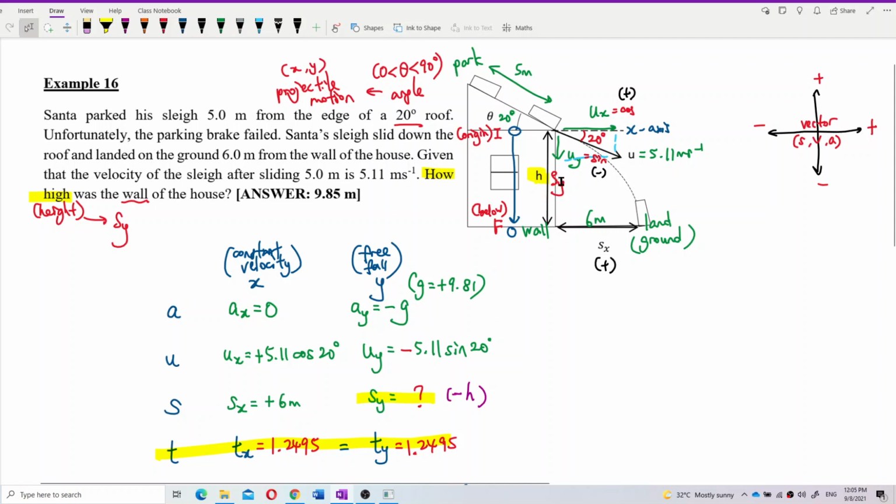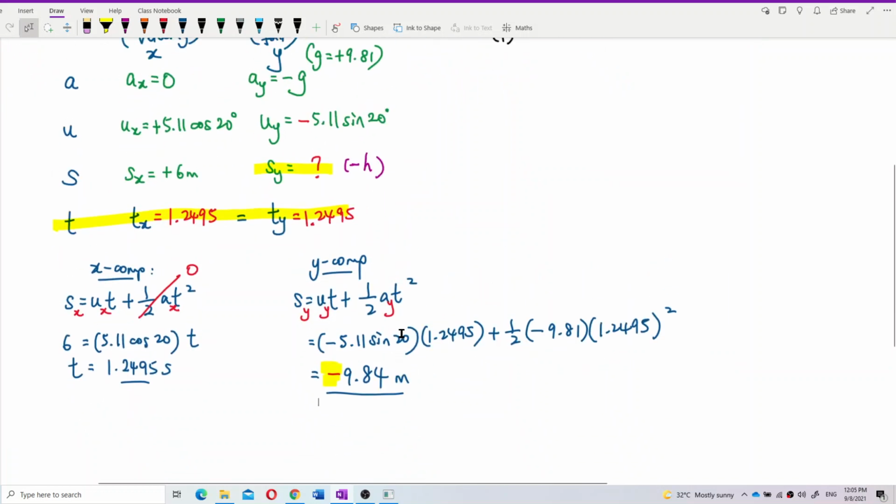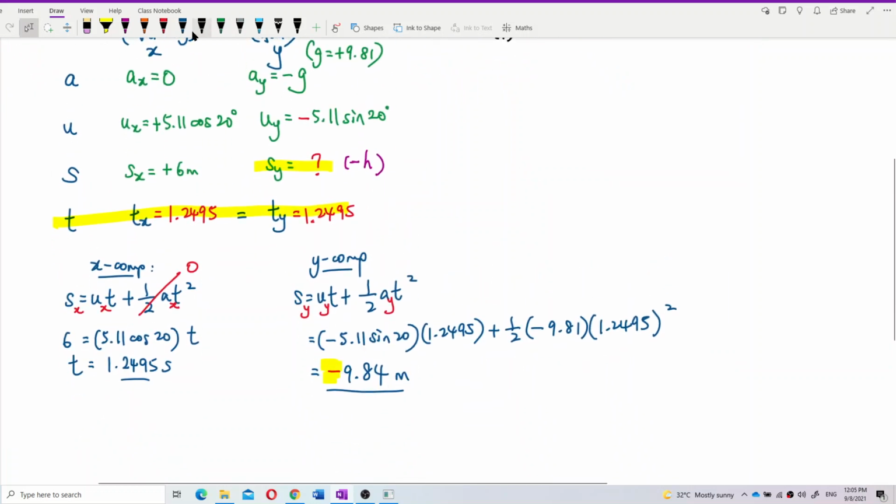So I got the Sy negative. Why Sy negative? Because we can say the final point is below initial, or below the origin. Initial is the origin. Final is below origin, so that's why I have negative.